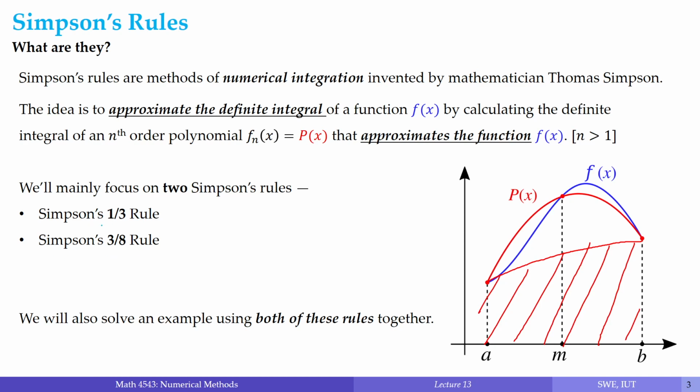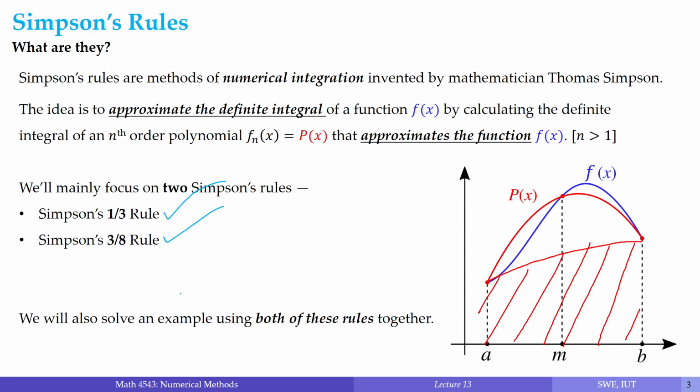In the case of Simpson's 1/3 rule, we use a second order polynomial to approximate our original function. And for Simpson's 3/8 rule, we use a third order polynomial, denoted using f sub 3 of x. We'll learn about them in a bit.